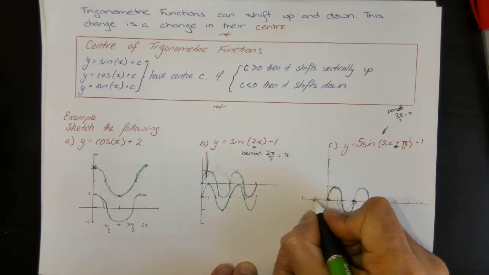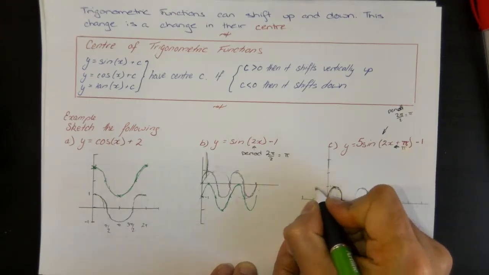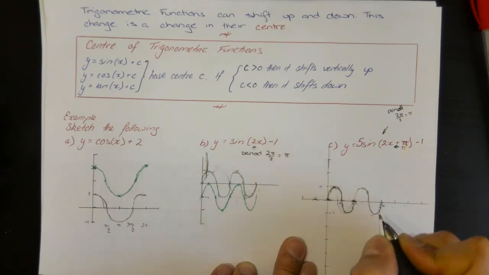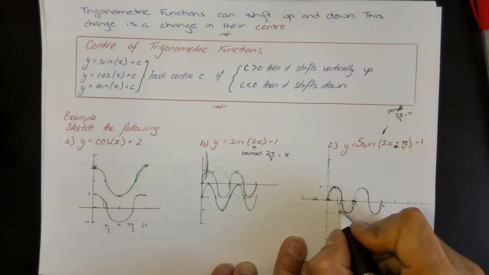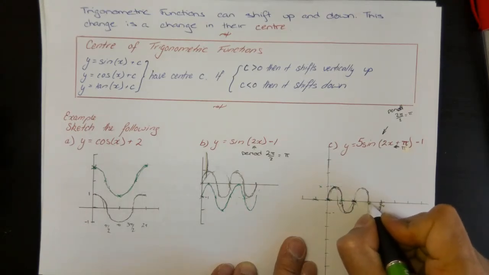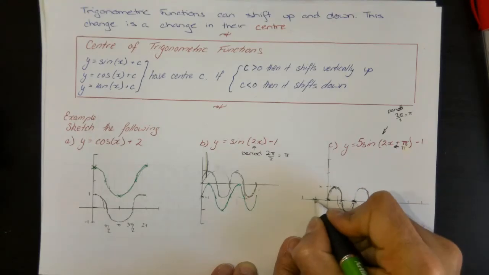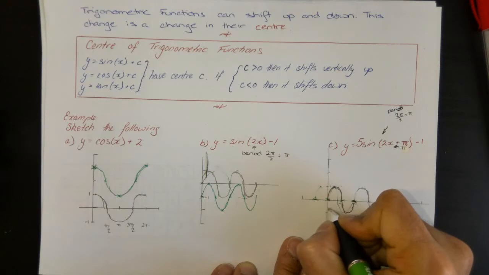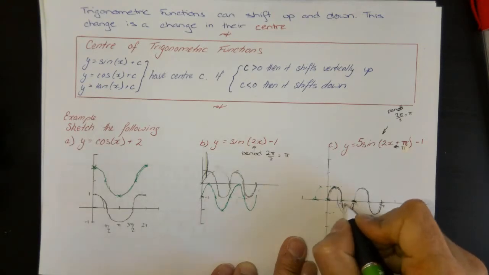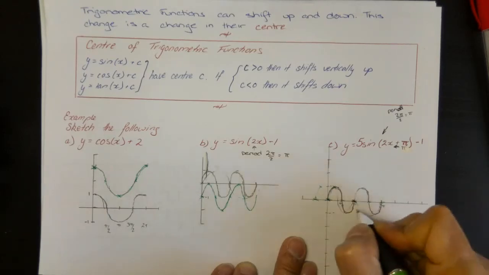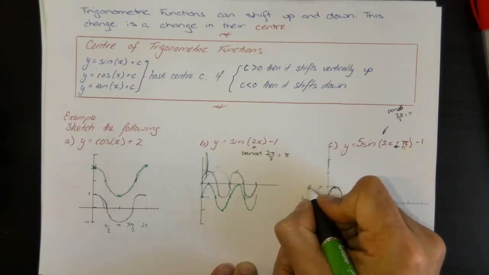This point moves over here. This point moves over here. And this point moves here. That point moves there. So really, it's pretty much the same. Sorry, that point actually moves here.